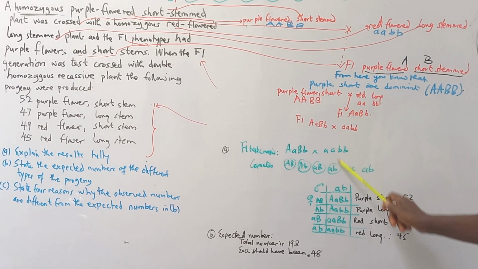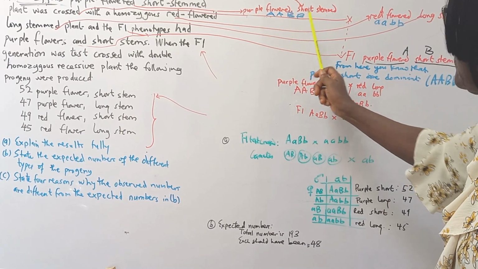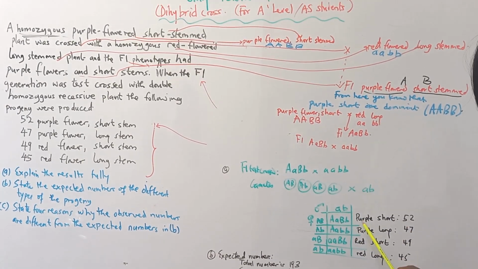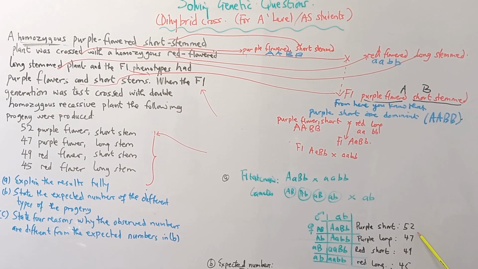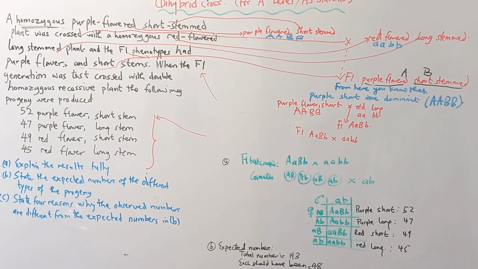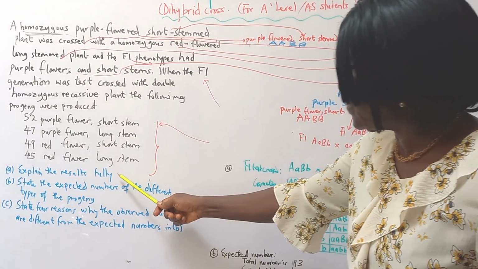So this is how we explained, and we say that genes are not linked. They are on different chromosomes. That is how come we have this ratio 1:1:1:1 for a dihybrid heterozygote F1 test cross. So we have explained the results here.